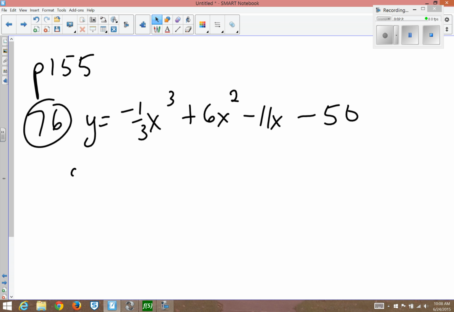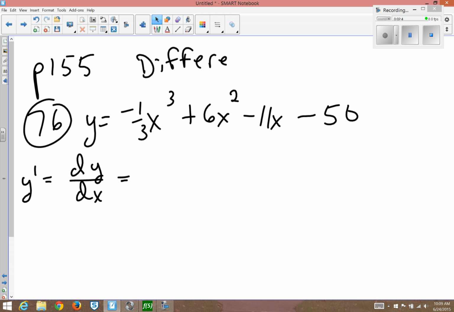We're going to find the derivative of y with respect to x. We could also symbolize that y prime. There's 4 terms here. We're going to differentiate term by term. Differentiate just means find the derivative.